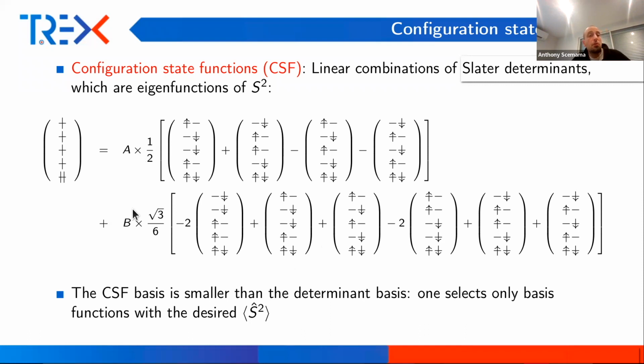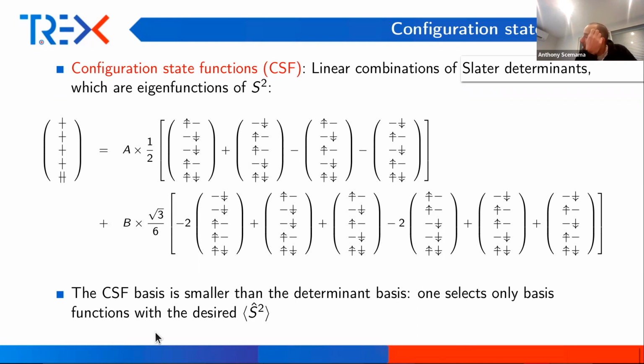This is why you have only 2 functions. And so usually when you work with the CSF basis, you have the physical property that you're an eigenfunction of S squared, but also you reduce the number of parameters quite a lot. So it's a good thing when you're optimizing large wave functions.